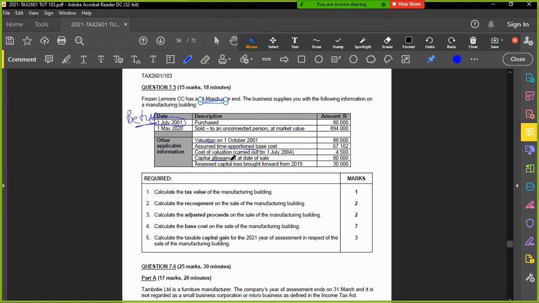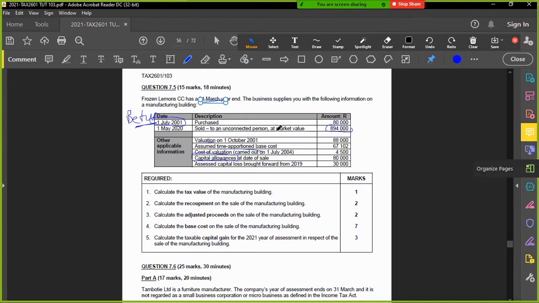Here there are capital allowances. So if there are capital allowances in this question, you'll have a recoupment if the selling price is greater than the... Sold at a market value. The market value is 894,000. There were capital allowances. This could possibly be a recoupment one because the purchase price was only 80 and the valuation is quite low.